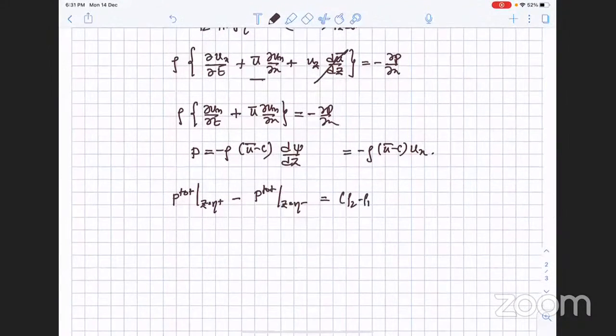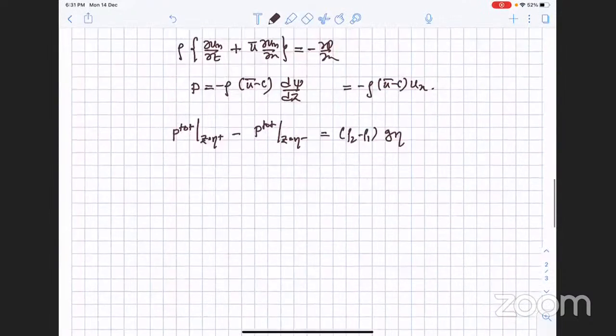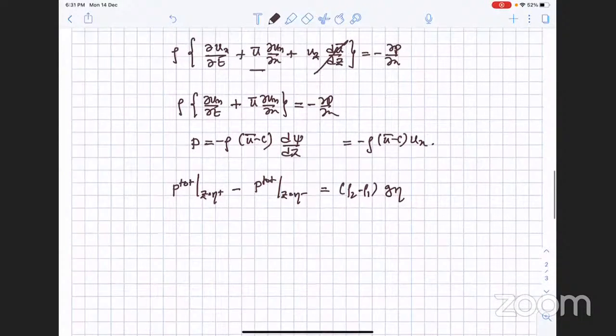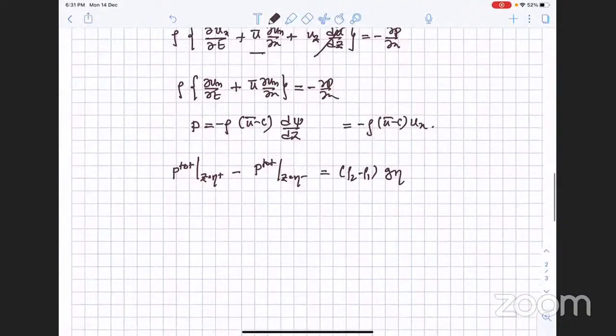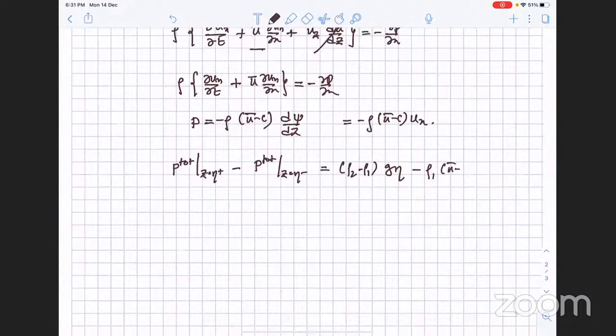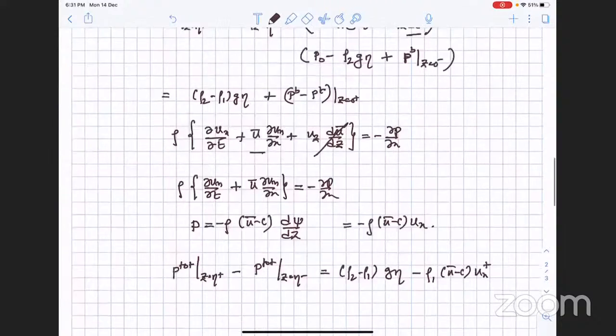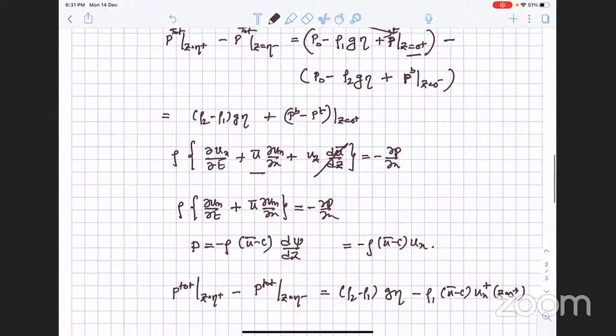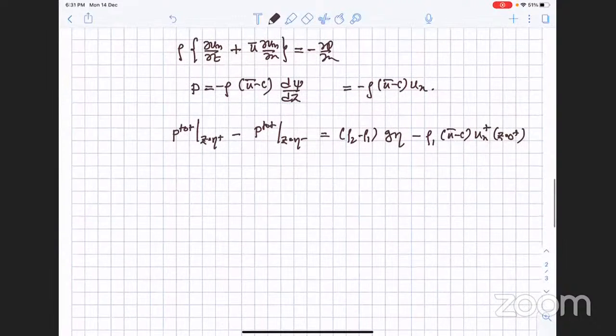This would be rho 2 minus rho 1 g eta, minus the top layer has rho 1, u bar minus c, ux top at z equals 0 plus, and the bottom layer would be rho 2, u is 0, ux bottom at z equals 0 plus.